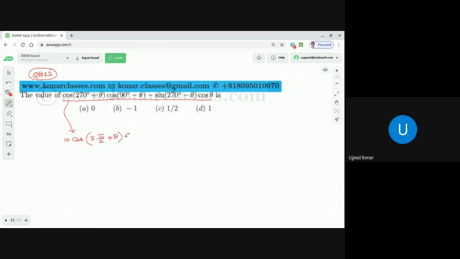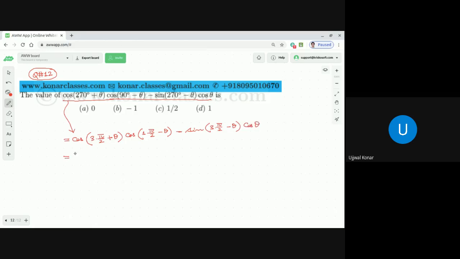I'm writing in terms of pi by 2 because we have done earlier how to simplify into the angle less than theta, minus sine of 3 into pi by 2 minus theta into cos theta.